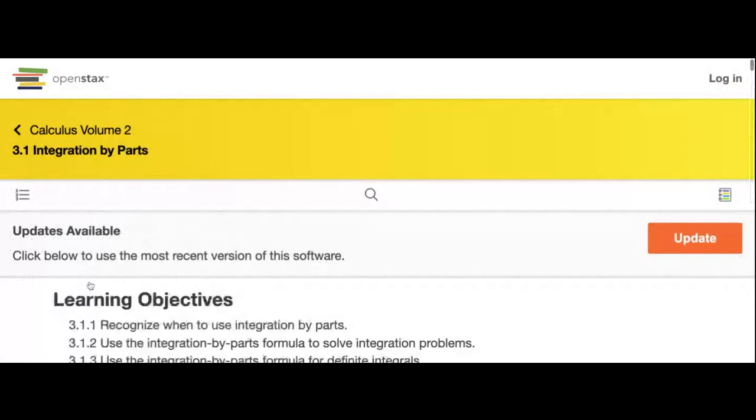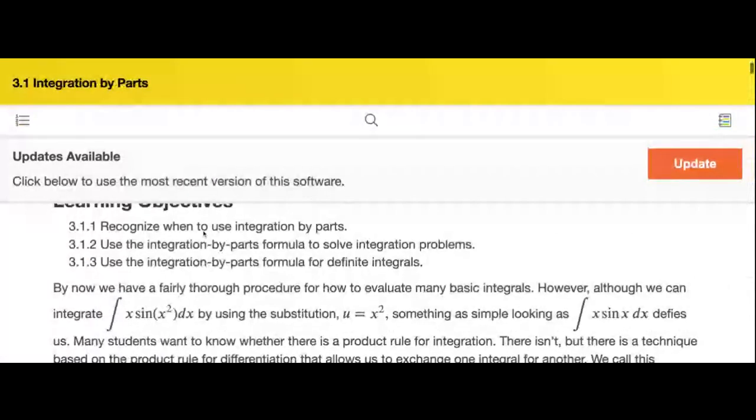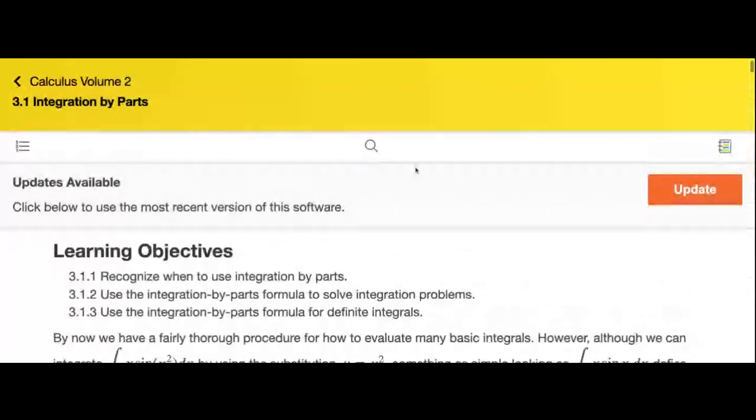Let's talk a little bit about integration by parts. This is very important.